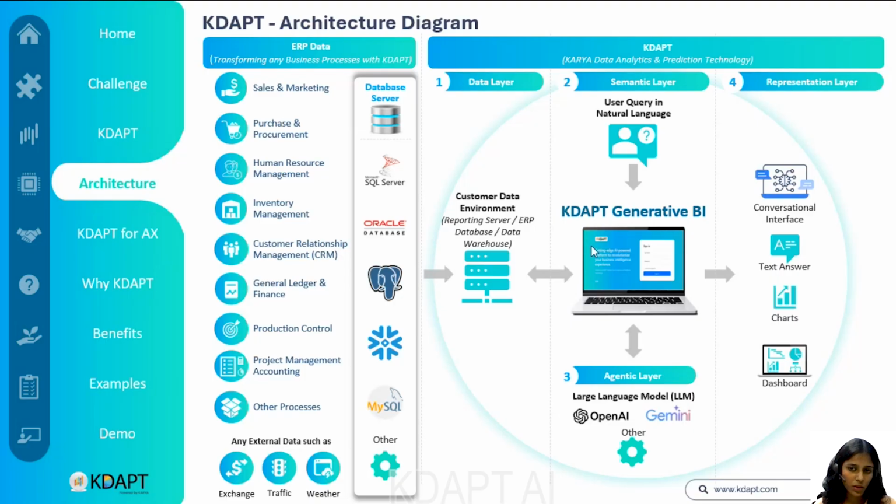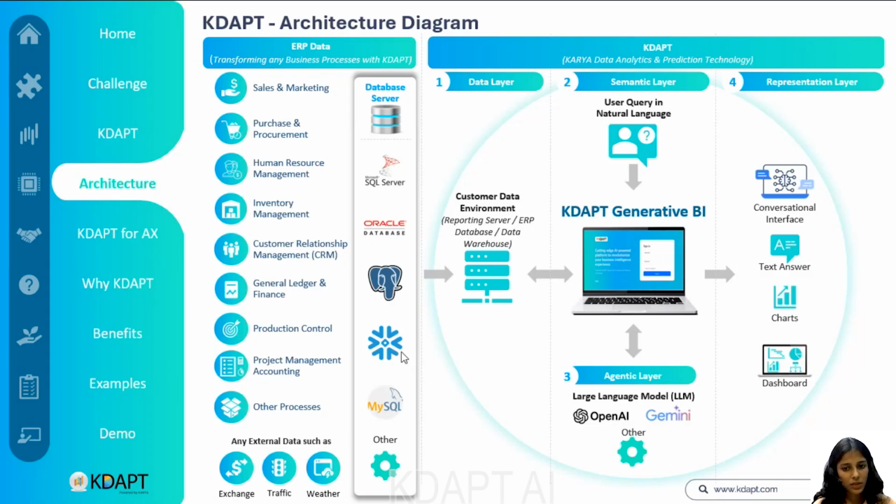KDAPT connects to various data sources like the Dynamics AX system, for example, Microsoft SQL Server, Snowflake, Postgres, or even MySQL, and even any external data like weather or exchange rates. It processes queries through a conversational interface powered by LLMs, like I mentioned here.